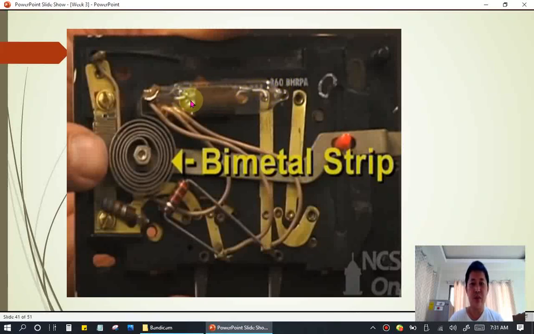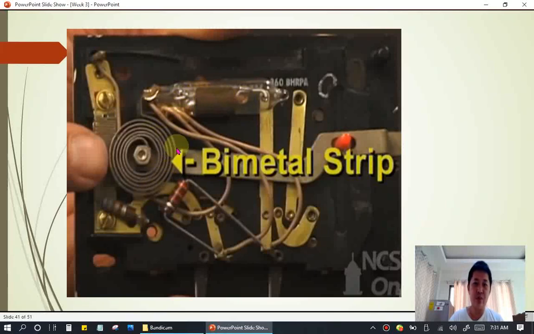When this expands, since this is connected to your bimetal strip, this is the coil here, this will expand, and this will move and engage or disengage the linkage.